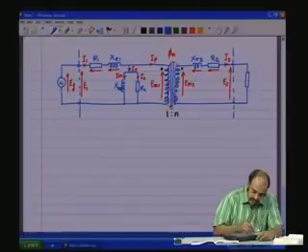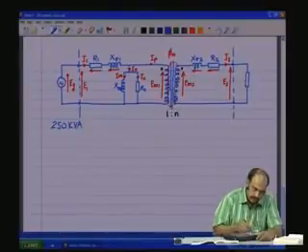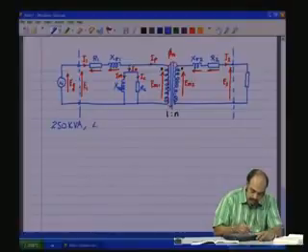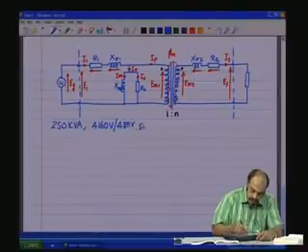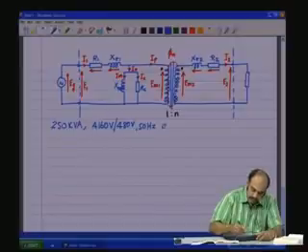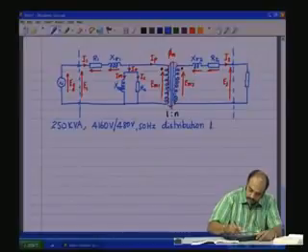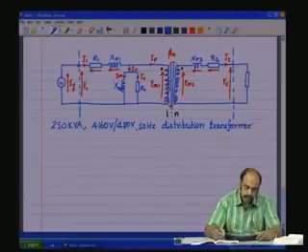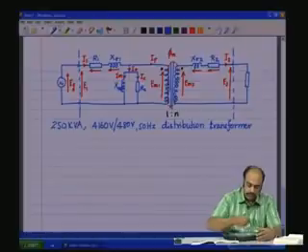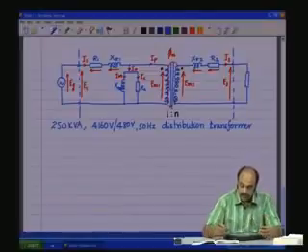Again, let us say the rating of the transformer is 250 kVA with a primary to secondary voltage ratio of 4160 volts to 480 volts, 50 hertz distribution transformer. Now, for this transformer, let us try to find the various values of the reactances from the per unit values of the previous table.